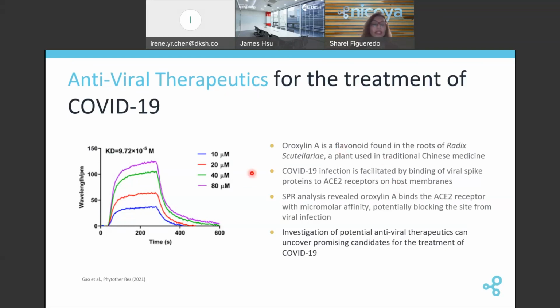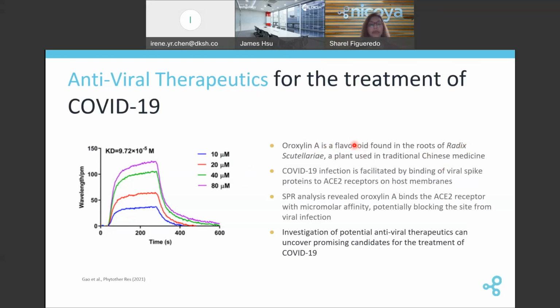So here we're looking at work done by Gao et al. They used the plant Radix scutellariae, which is a plant used in traditional Chinese medicine, and specifically a molecule known as oroxylin A, a flavonoid found in these roots.